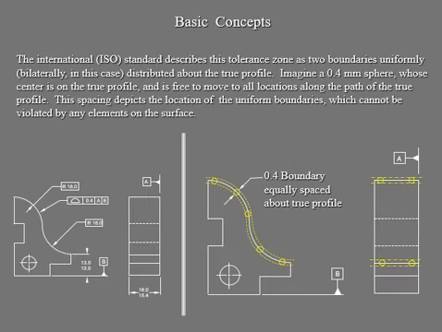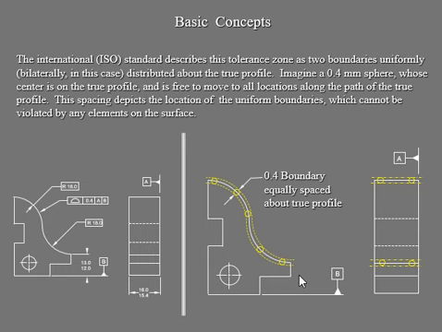So let's take a look at how we do that. ISO is another standard body, the International Organization for Standardization. If you follow this standard, you get your tolerance zone as two boundaries, drawn right here in this diagram with these yellow lines.